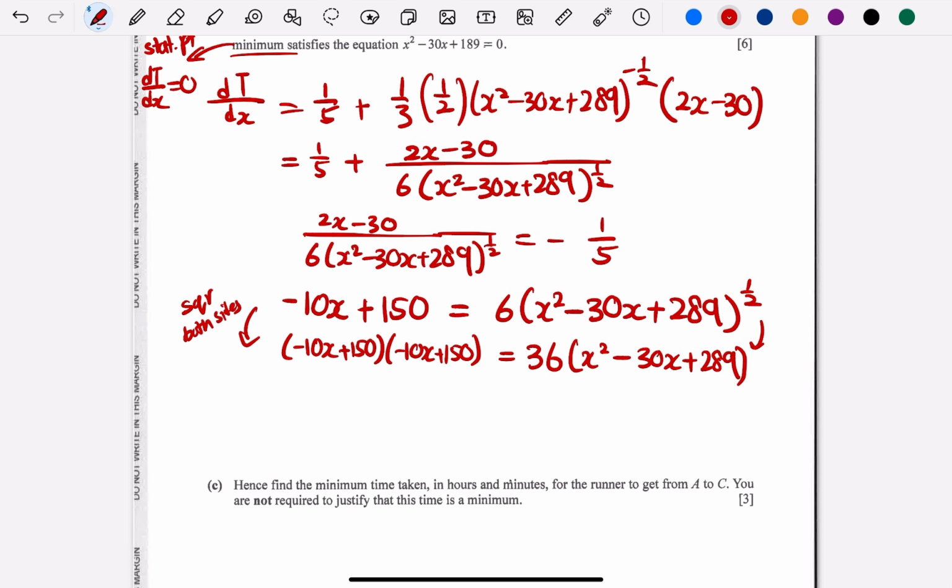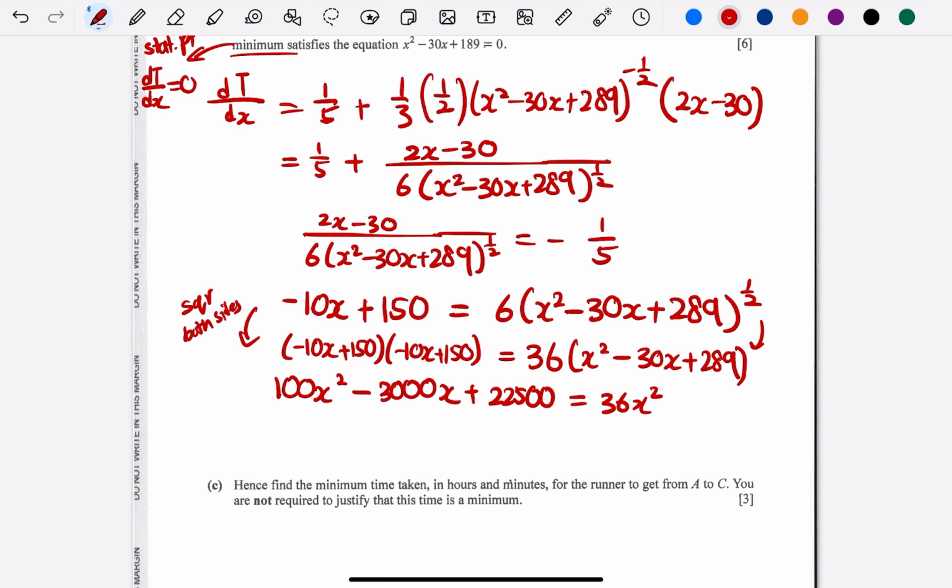This thing on the left gives you 100x squared minus 3000x, because negative 150 times negative 10x twice gives minus 3000x, and the last one is plus 22500.